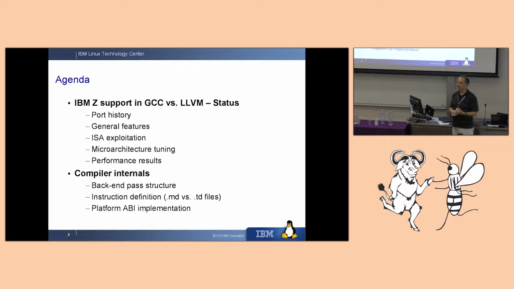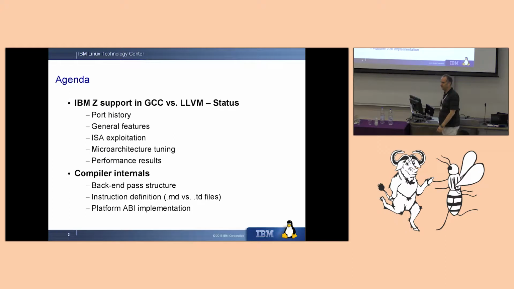And if I have time, I'll try to go through at least a small example, build it with GCC, build it with LLVM, and run through the various passes and the internal intermediate representation stages, so that we can get a feel of what's similar and what's different.